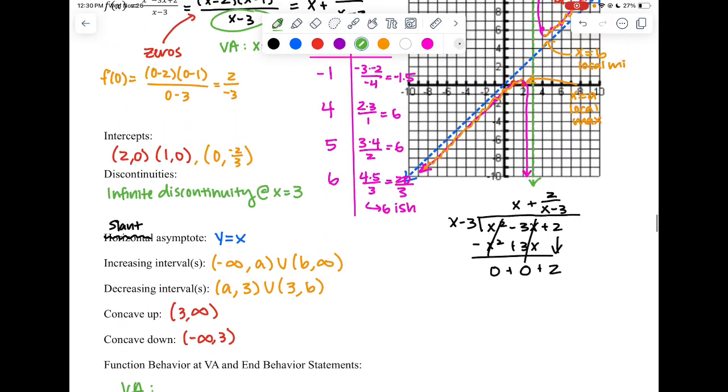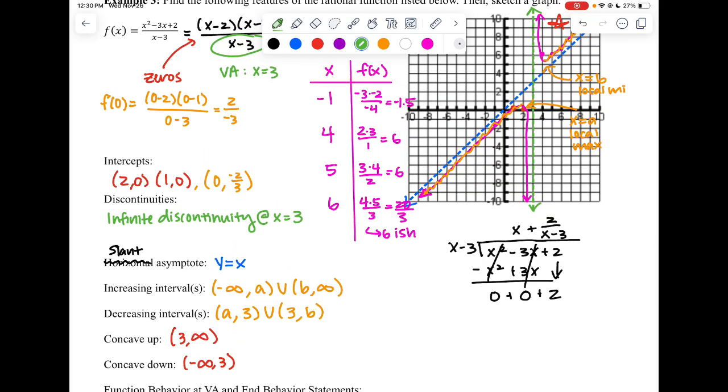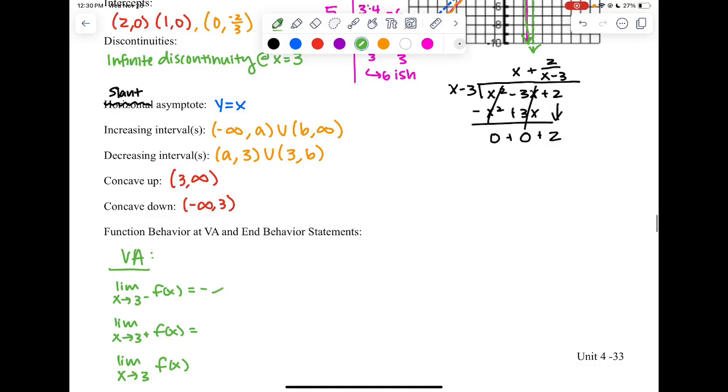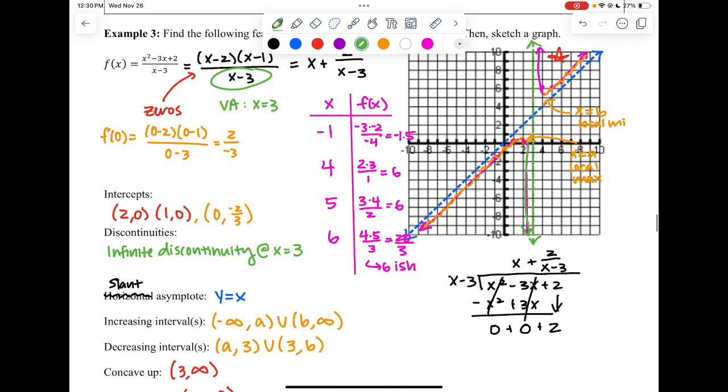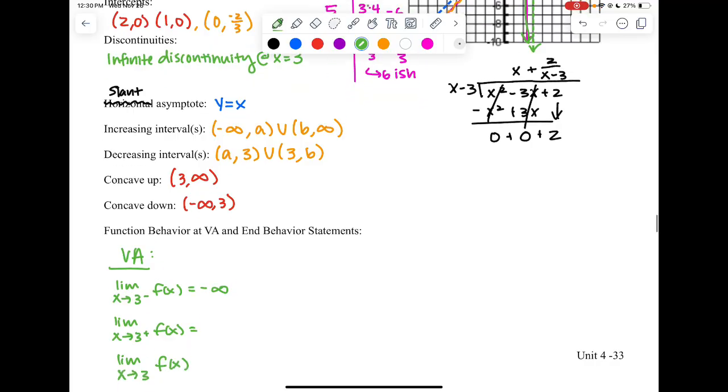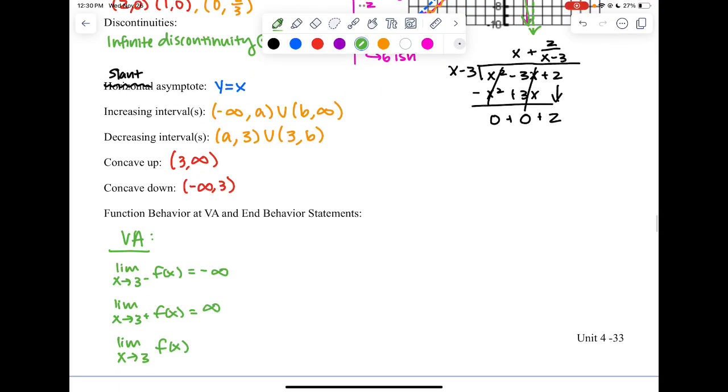If I'm looking at the left of my function, it looks like I'm going down to negative infinity. If I look on the right side of my function, it looks like I'm going up to positive infinity. And since those don't match, I know that my limit at that vertical asymptote doesn't exist.